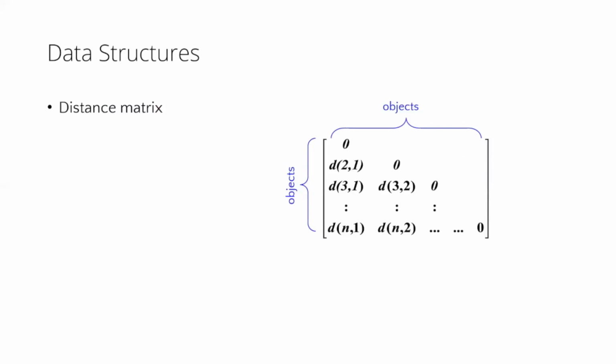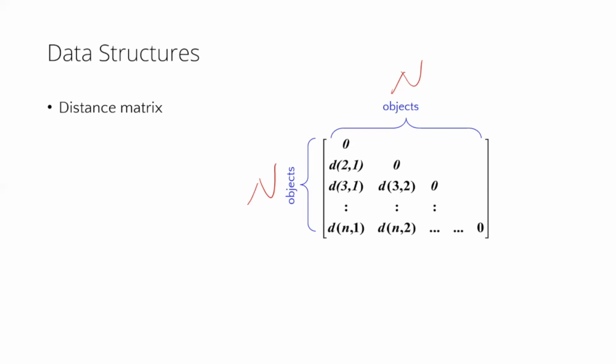And then the distance matrix is an object that represents the distance between the ith object and the jth object. This is something that we discussed last time. It's an n by n matrix where n is the number of objects, and the ijth element of the distance matrix is the distance from the ith data point to the jth data point.